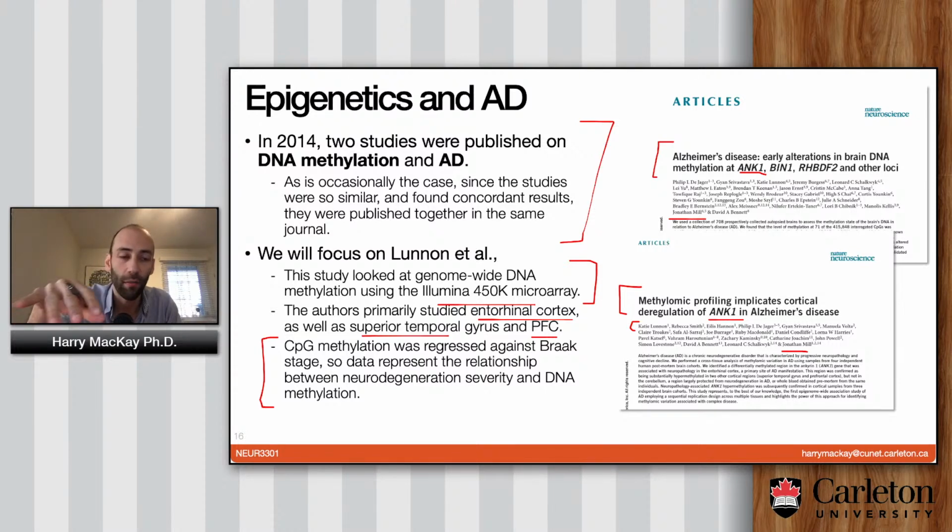And what you'd really like is a way of quantifying the influence of disease severity on whatever you're measuring, be it genetics or be it epigenetics. So by regressing everything against the Braak stage, you have a way of doing this. And of course, these are post-mortem samples, so you can't interview the people and ask them how they're feeling. You have to look at something that's left over in their brain tissue that's fairly objective.